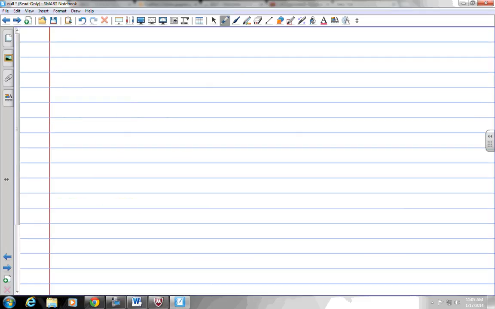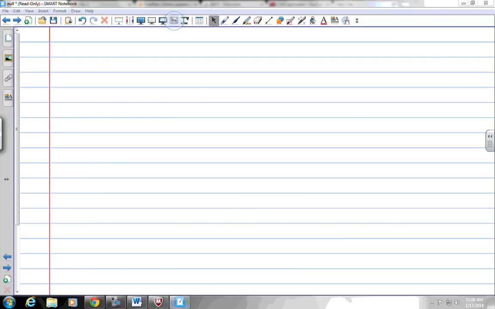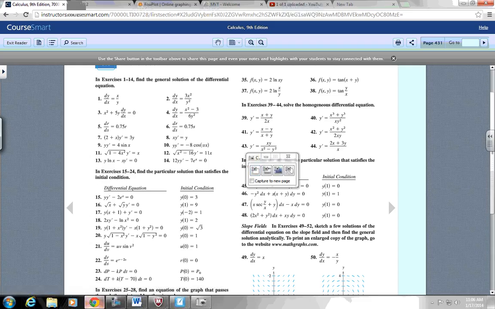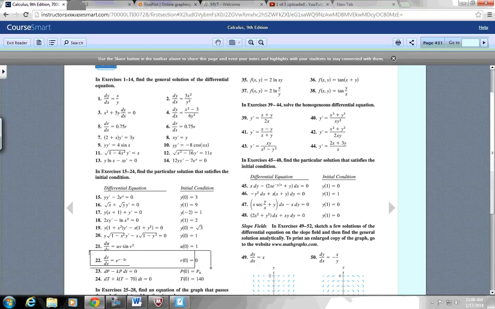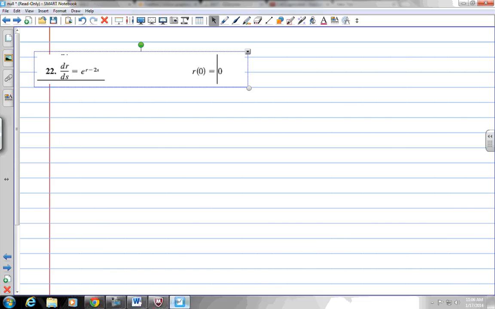Let's try one more. 22. It's dr ds equals e to the r minus 2s.